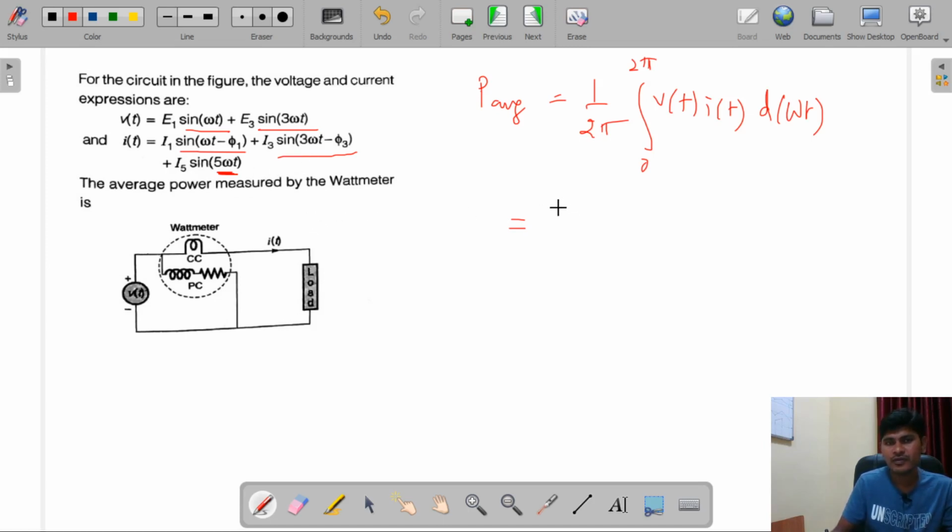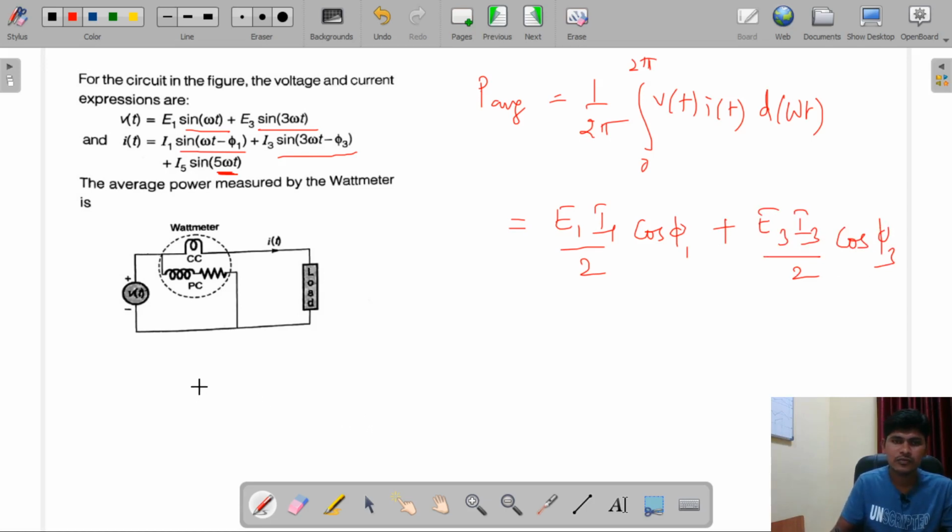So then the average of these two will be equal to E1 I1, these two are maximums, by 2 cos phi 1, plus E3 I3 by 2 cos phi 3.